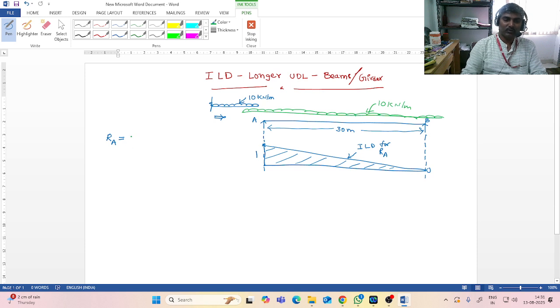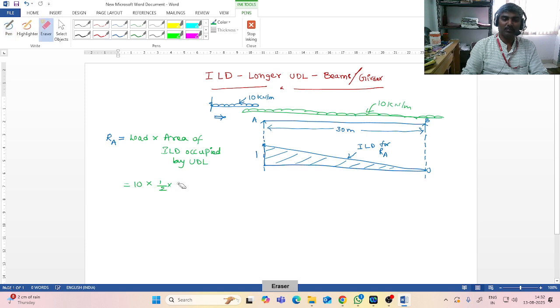So load multiplied by the area of the ILD occupied by the UDL. Load value is 10. The area of the ILD is a triangle, so the area of a triangle is half into base into height.